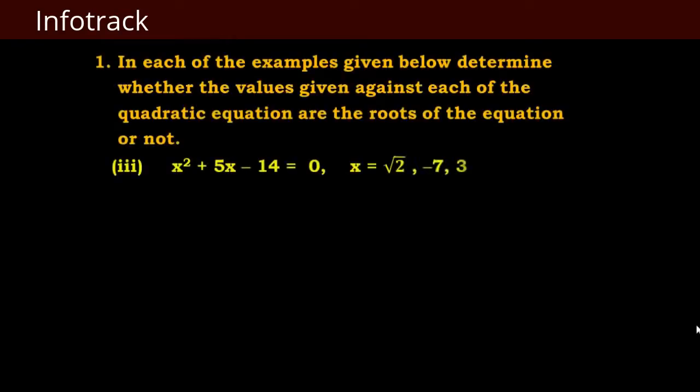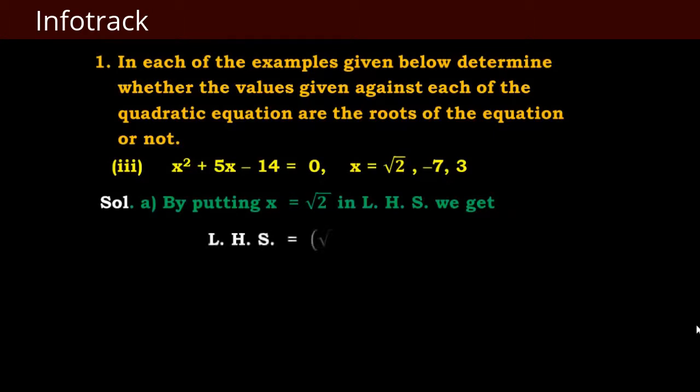Question number 3. Again the same question, we have to find whether these given values are roots of the quadratic equation or not. So the given equation is x square plus 5x minus 14 is equal to 0. And the values given are x is equal to root 2, minus 7, 3. So let us start with the first value. By putting x is equal to root 2 in LHS, we get root 2 square plus 5 into root 2 minus 14.